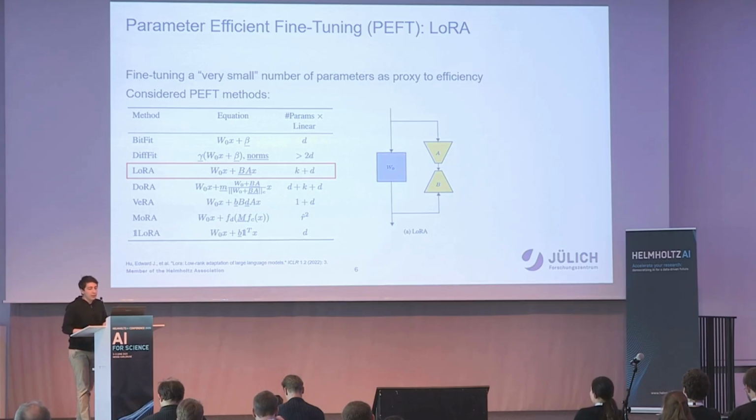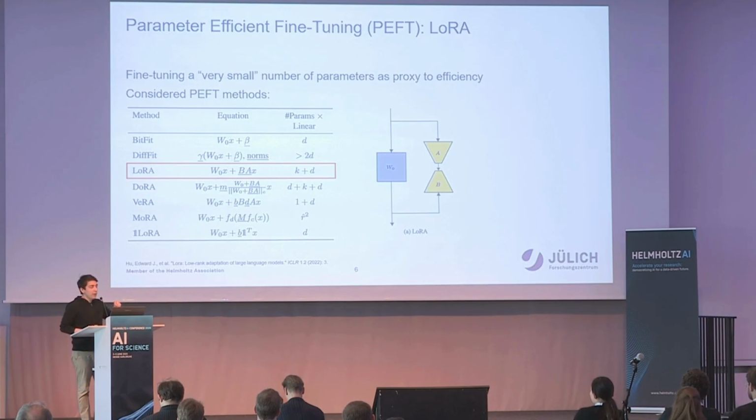LoRA introduces a low-rank representation of the original pre-trained matrix, such that the parameter count is smaller, and fine-tuning those two A and B matrices results in faster fine-tuning and possibly the same performance as fine-tuning the full matrix.